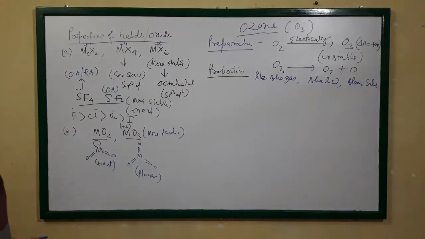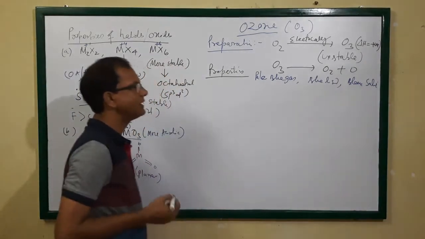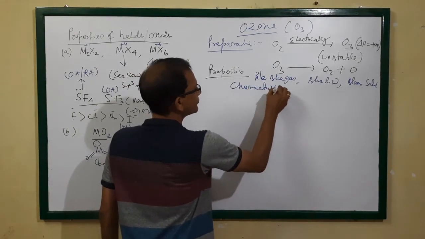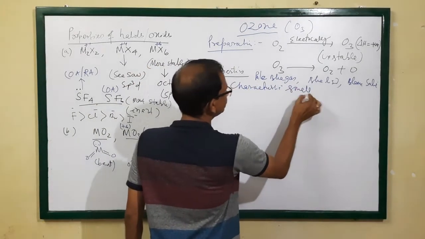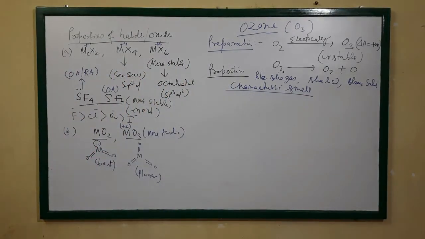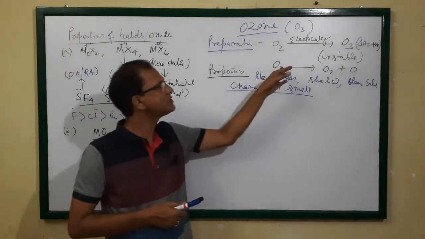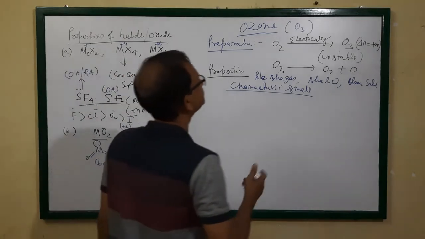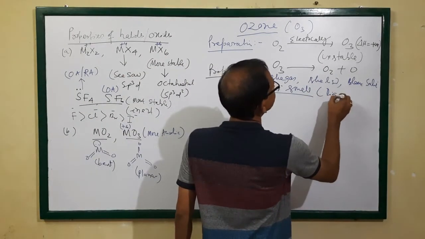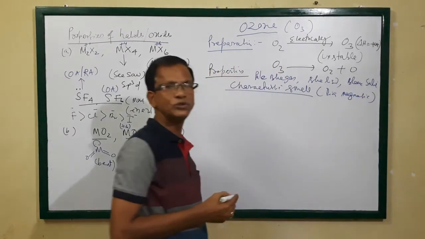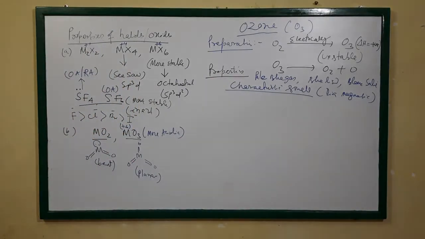And also, if you smell it, it has a characteristic smell, a particular smell. Oxygen is colorless, but O3 is colored. Another important thing is O3 is diamagnetic, but O2 is paramagnetic.